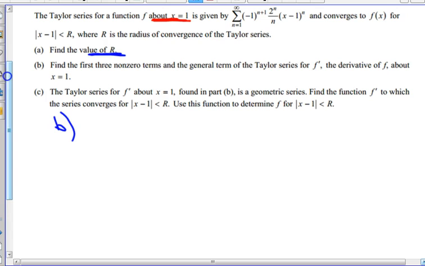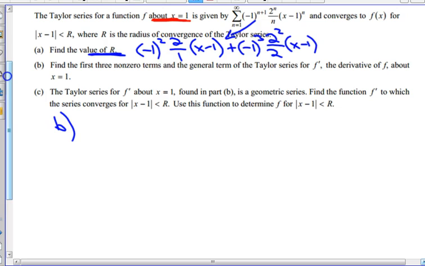Well, maybe I should write out some of these terms, and maybe I'll just sneak it right in here. When n is 1, I'll put in a 1. I get -1 squared. I get 2 to the first over 1. And I get x minus 1 to the first. When n is 2, I will get -1 to the third. I'll get 2 to the second over 2, x minus 1 squared.